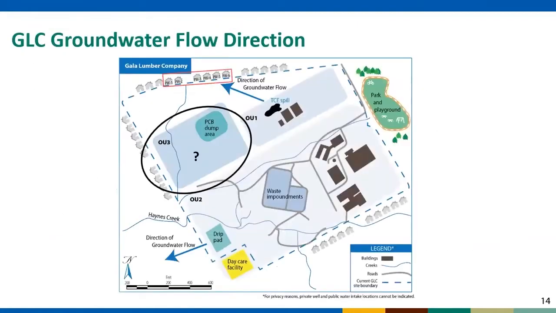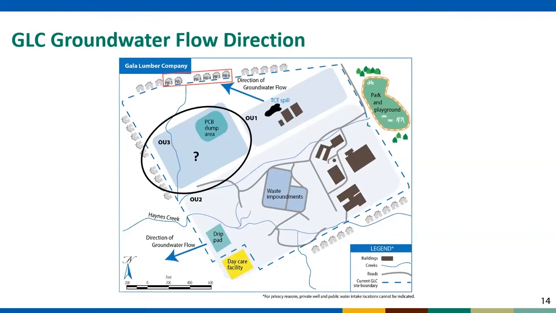Now let's look at another pathway and evaluate the representativeness of on-site and off-site sampling data for the groundwater pathway. This figure shows the entire GLC site and highlights the direction of groundwater flow from the drip pad next to the daycare center and from the trichloroethylene or TCE spill area on the northern boundary of the site.